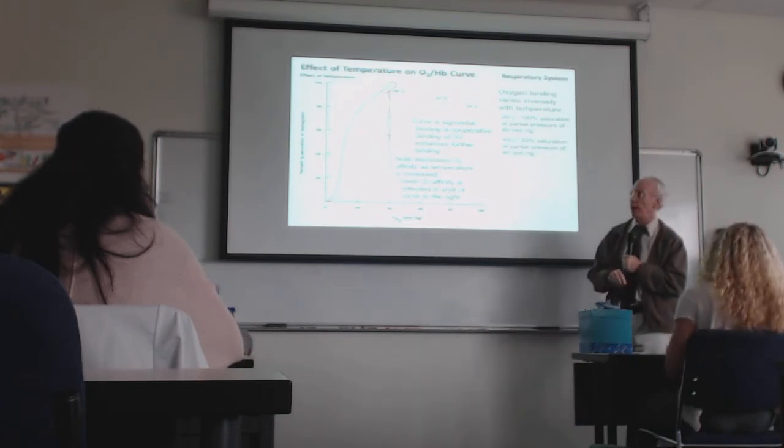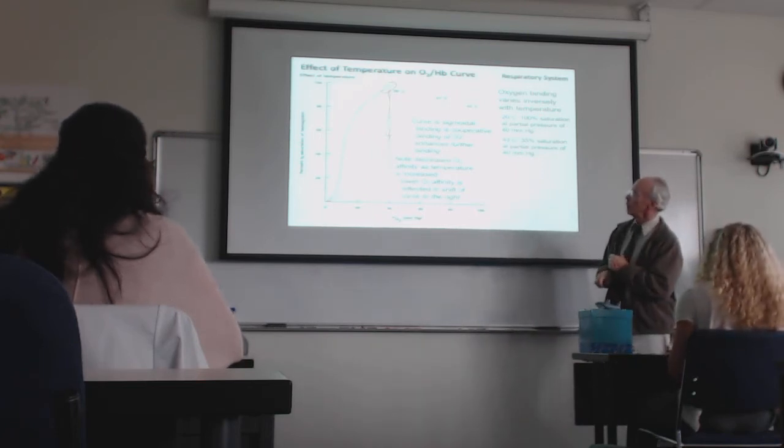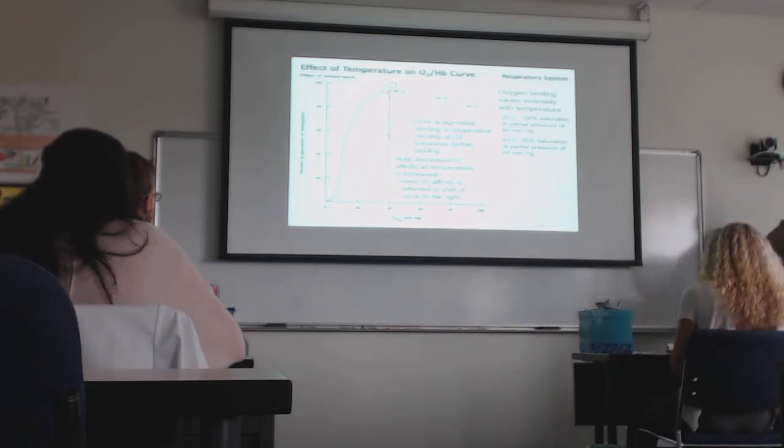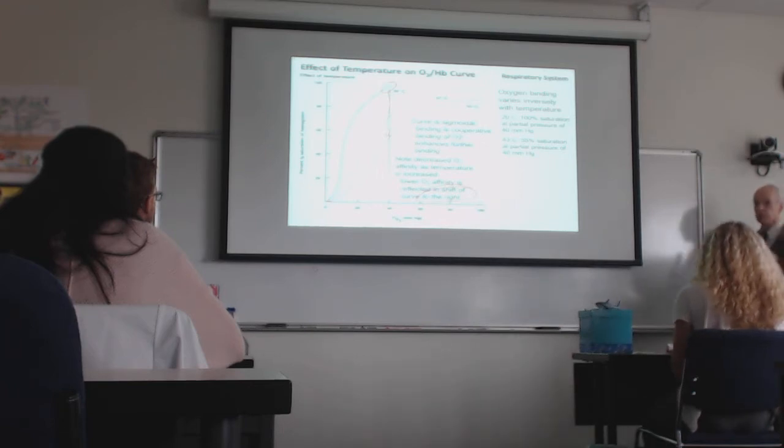It decreases rather dramatically. All right. So what we're saying is, hemoglobin, as the temperature increases, tends to unload, dissociate from oxygen. We call that a shift to the right. A shift to the right simply means that the hemoglobin is releasing oxygen. A shift to the left would mean that the hemoglobin is taking on oxygen.